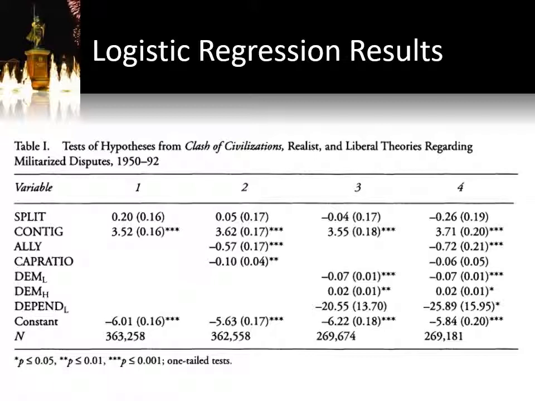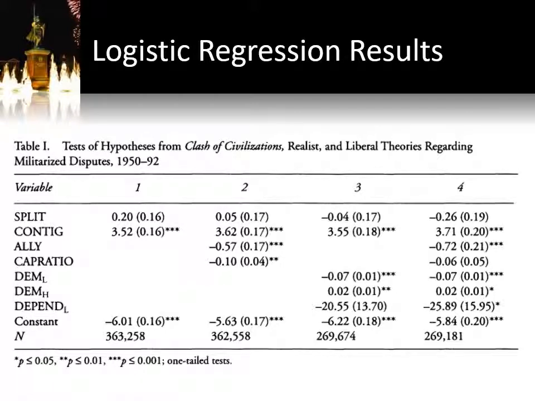Okay, so we go across, and again, each column tells you a different model, with a different number of variables. Column 2 puts in the realist variables, such as whether a nation is an ally. And guess what? If you are an ally, it does make it less likely for you to fight. Why do I know less? Because there's a negative sign there, right? And ally was 1 if the two nations in the dyad are allies, because you always have to know how they're coding it. So you do have to read the paper and get that. And the sign is negative.